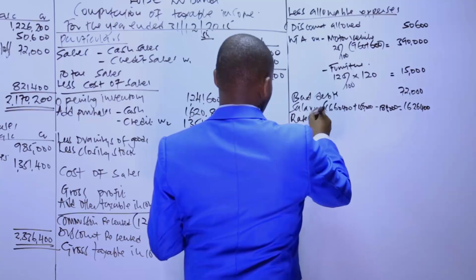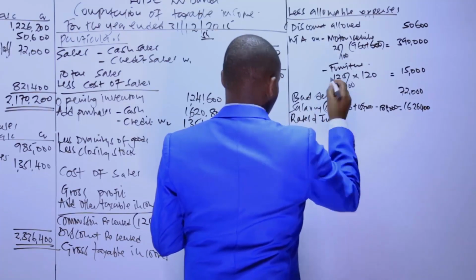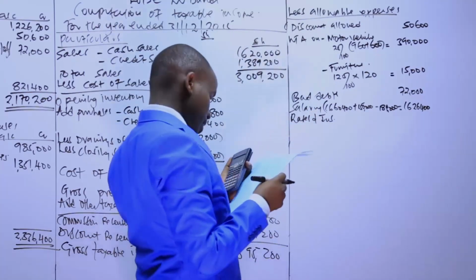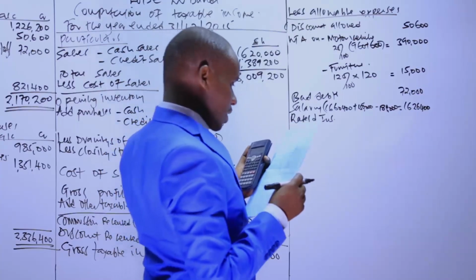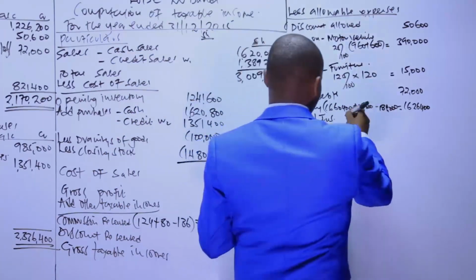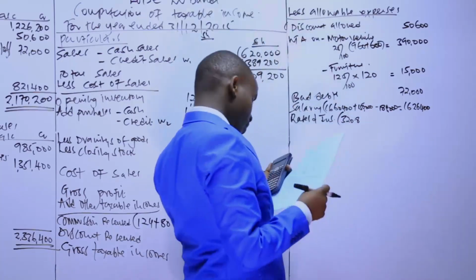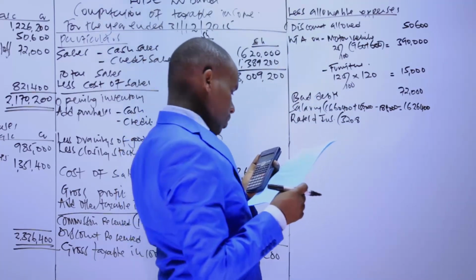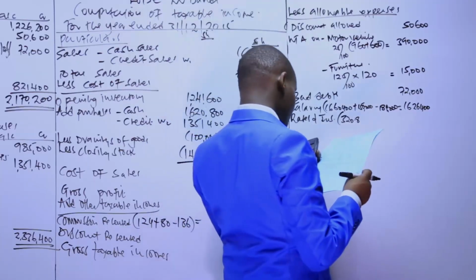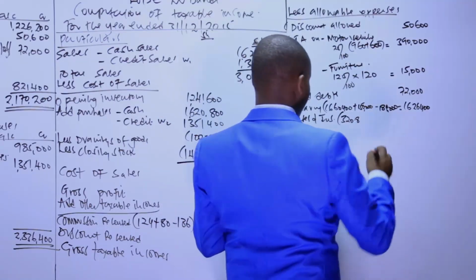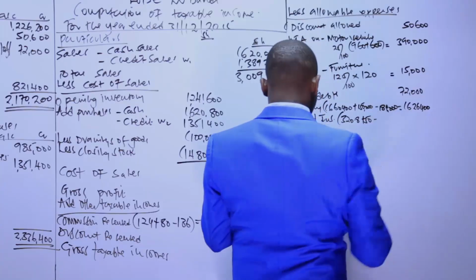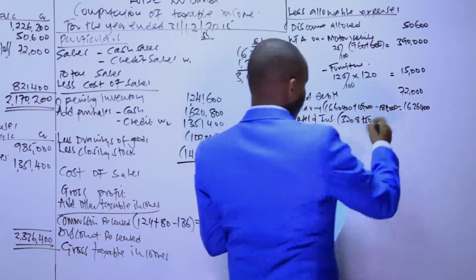The other expense is rates and insurance. The rates paid is 320,800. But for rates we have prepayments. For prepayment we add as at start, so plus 50, minus as at the end 72.